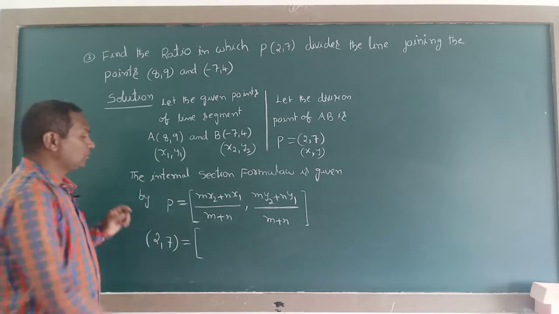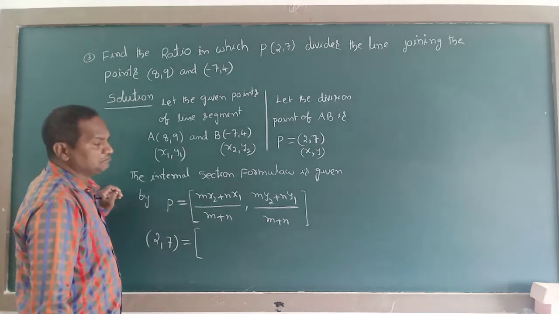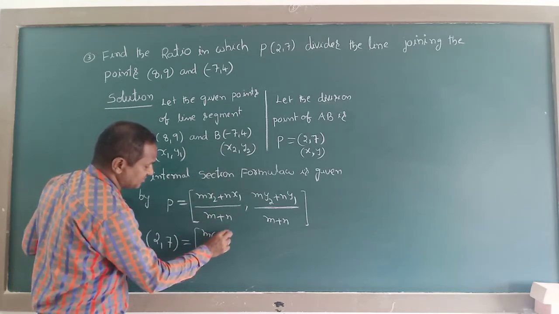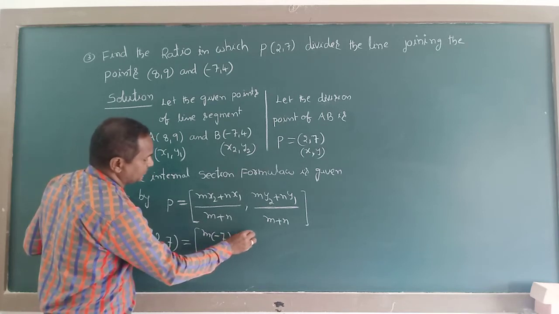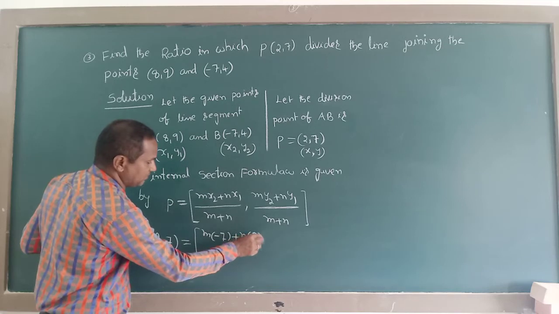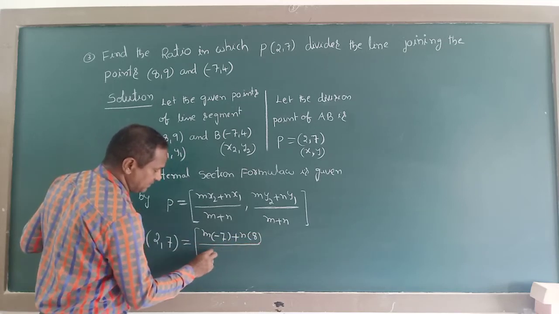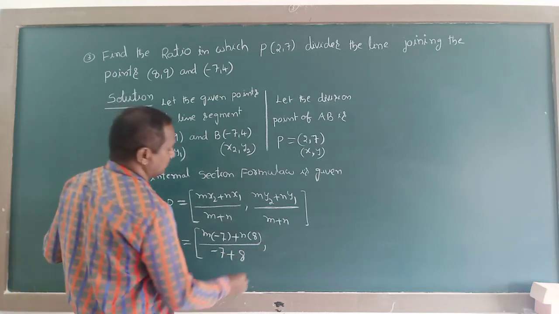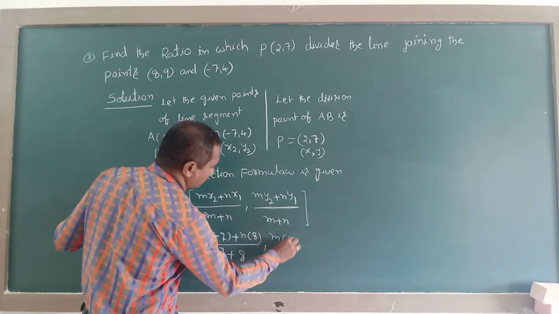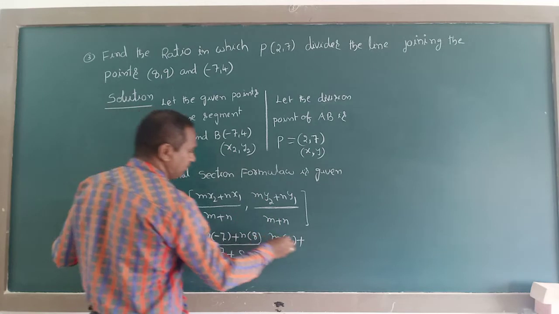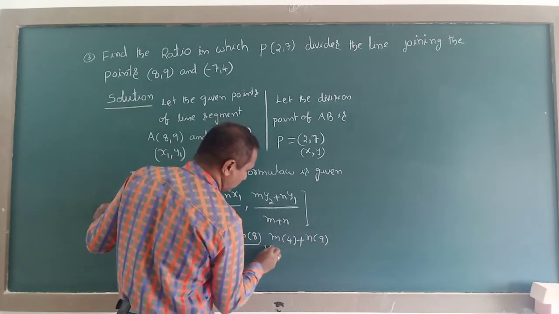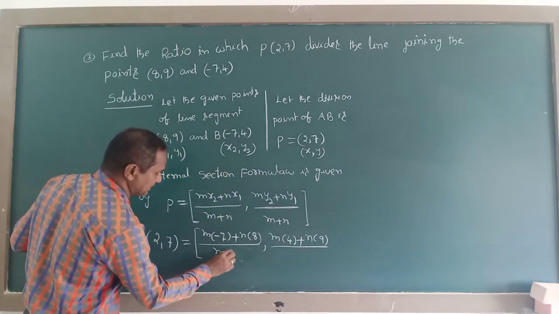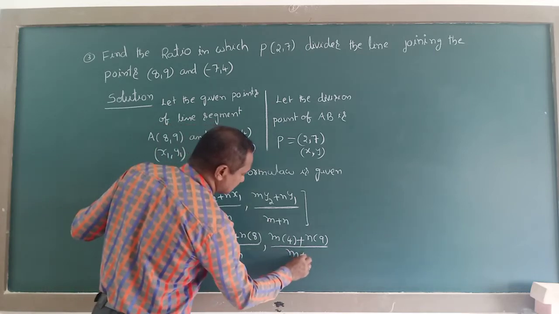We have to find the values of m and n. Here x2 is -7 and x1 is 8, so the first coordinate is (m(-7) + n(8))/(m + n), and the second is (m(4) + n(9))/(m + n), with m + n in both denominators.